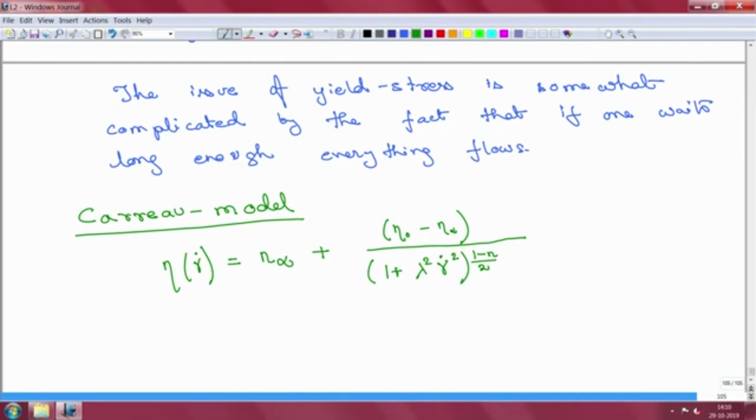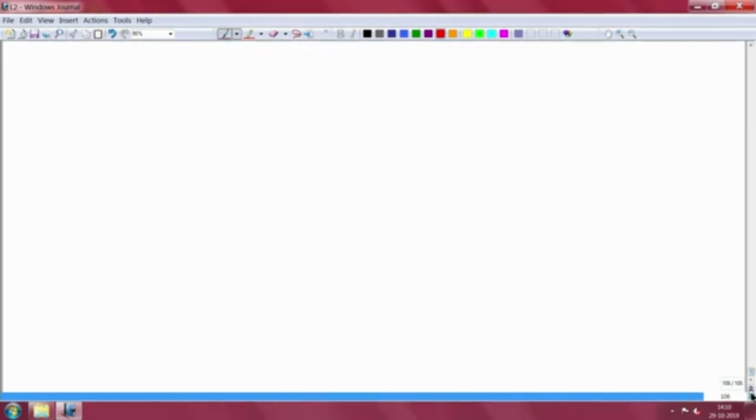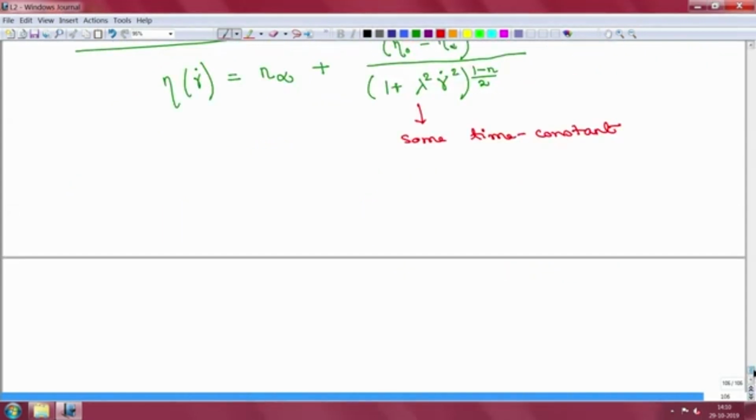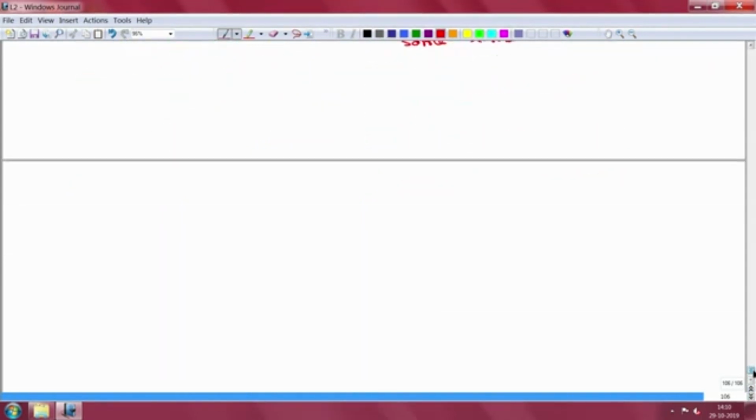Okay. And here I have to specify that this lambda is some time constant, and it may or may not be related to your viscoelastic time scales. Lambda is just a parameter in this equation, and this equation relates a few quantities, so it is best to draw a graph here and then explain. Okay.